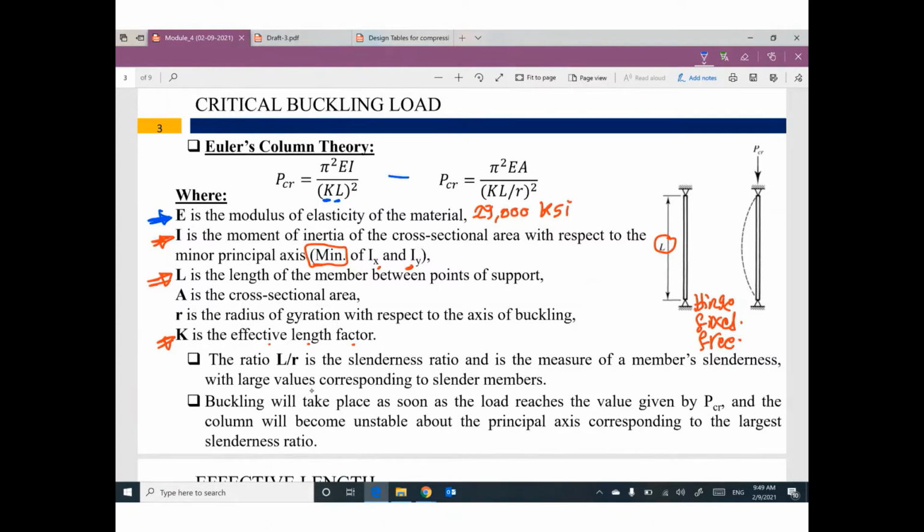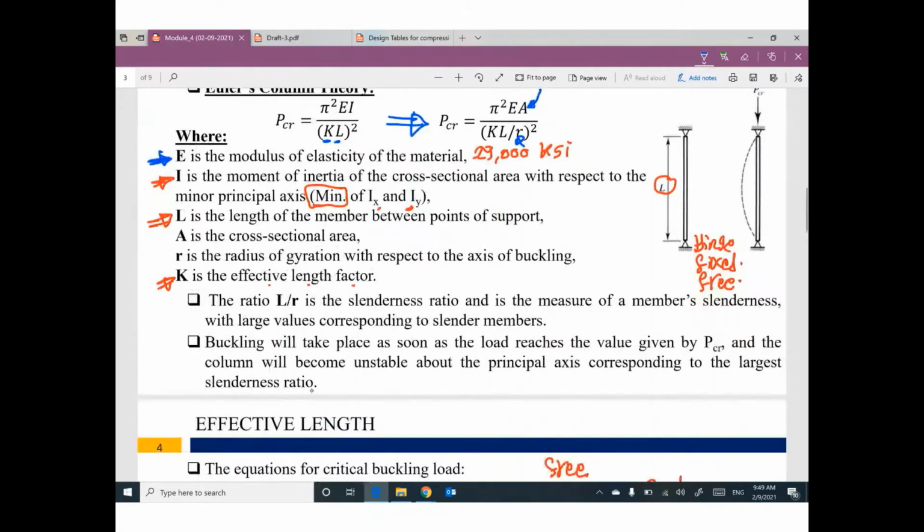This equation can be converted to a different form as a function of area and r. r is called the radius of gyration. It's a section property, a function of I. So we have r_x and we have r_y. Which one is the smallest value?